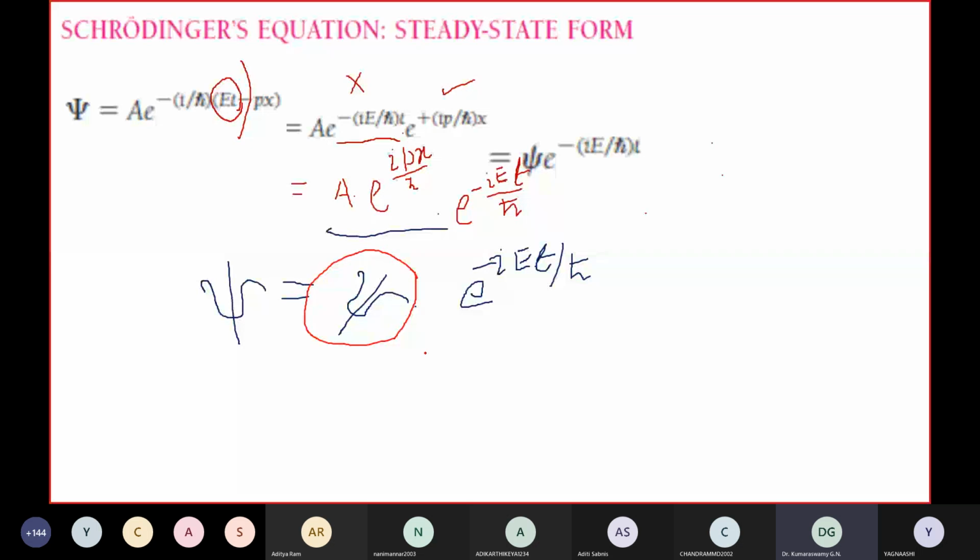Probability is the varying one, so the probability depends only on phi. The circled one is a different symbol, not psi, slightly slanted. You bend it by 30 or 40 degrees.